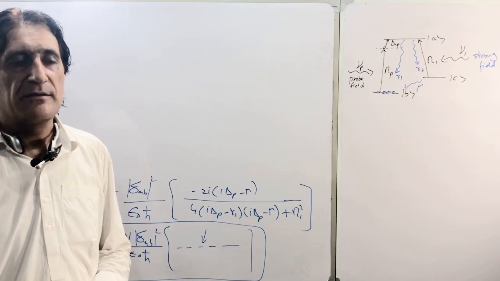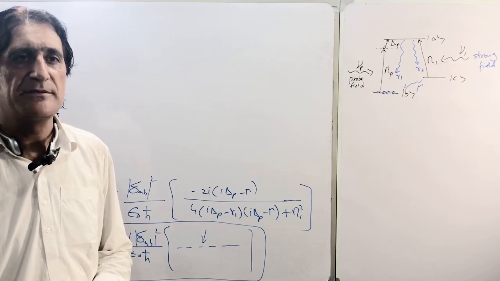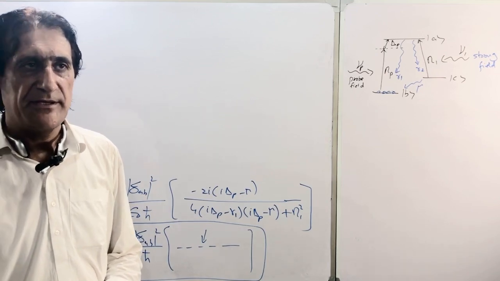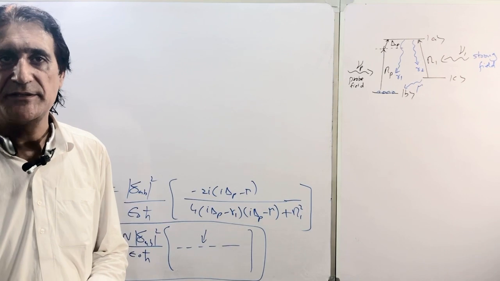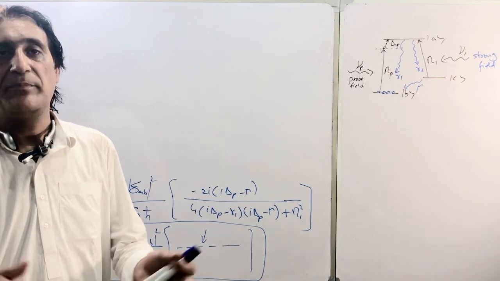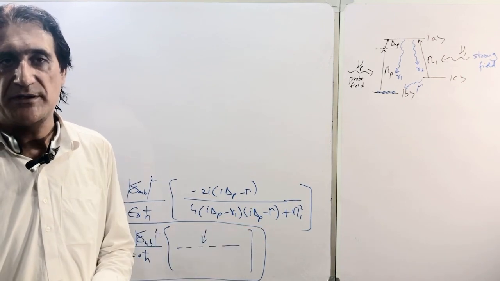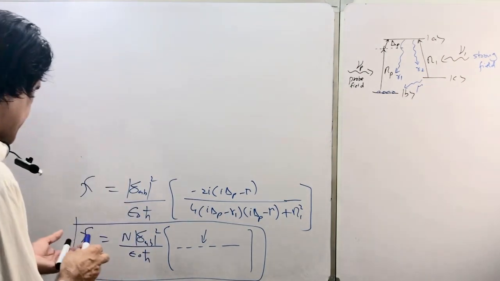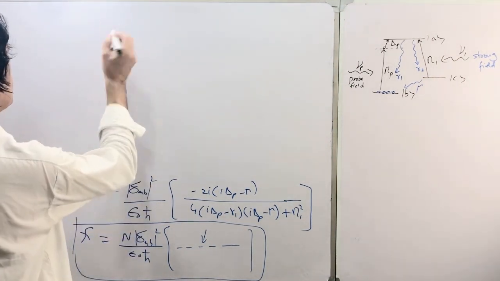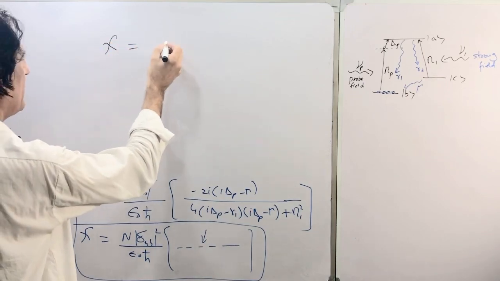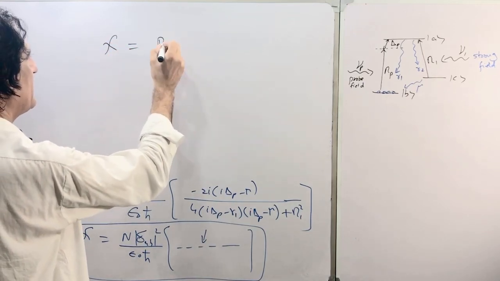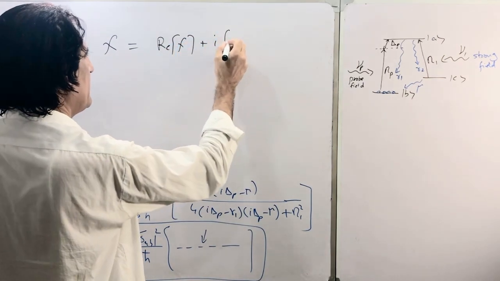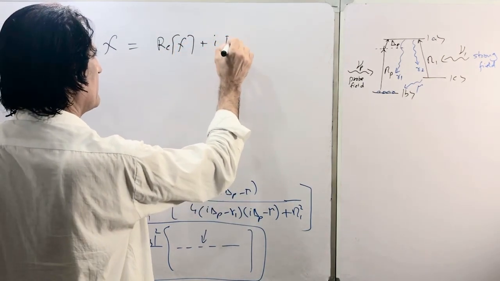We are looking for what happens to the probe when it is propagating inside the medium. Optical susceptibility has two parts, one is the real part and the other one is the imaginary part. So optical susceptibility is real of chi plus iota imaginary of chi.